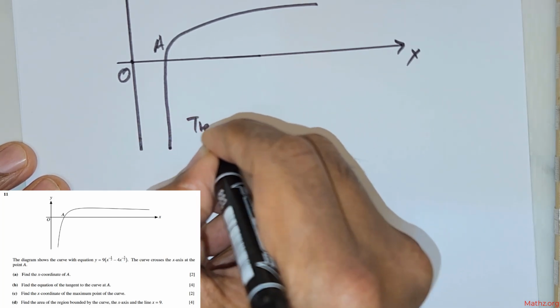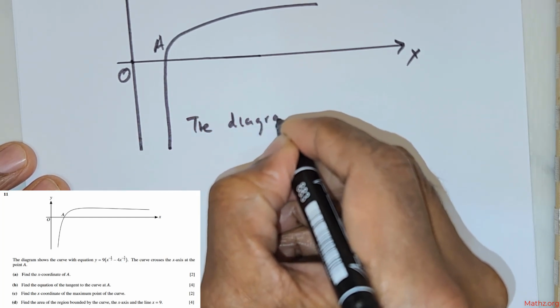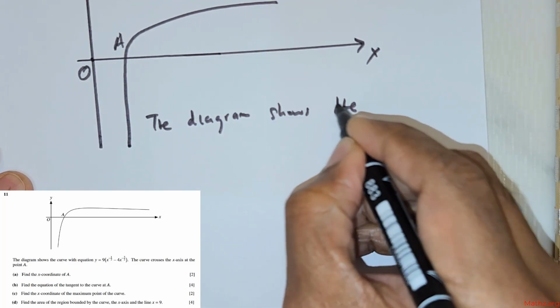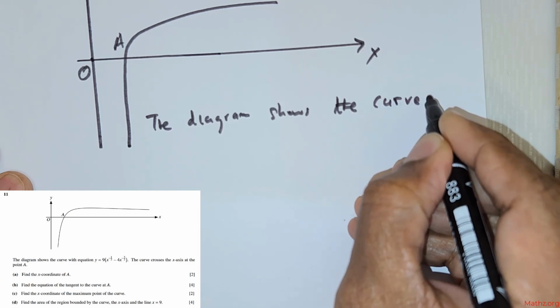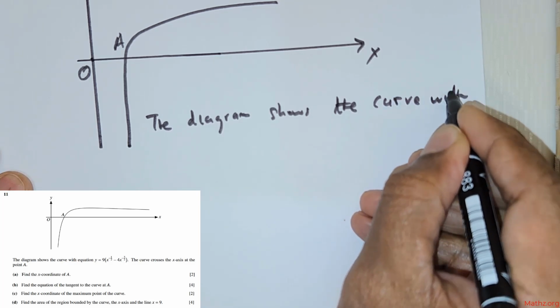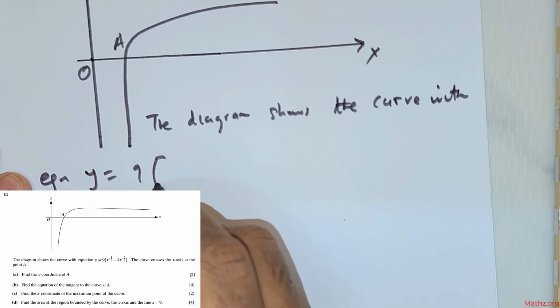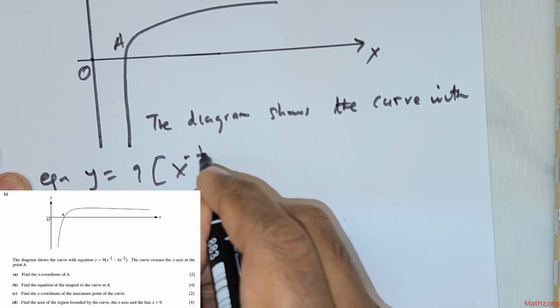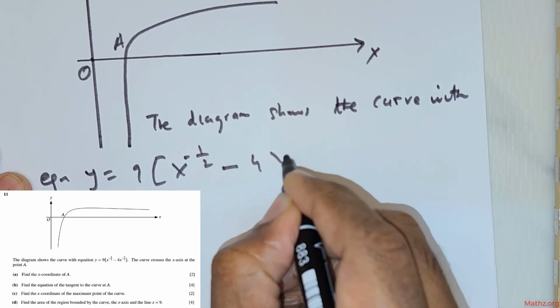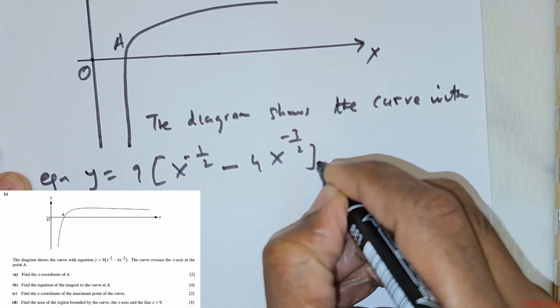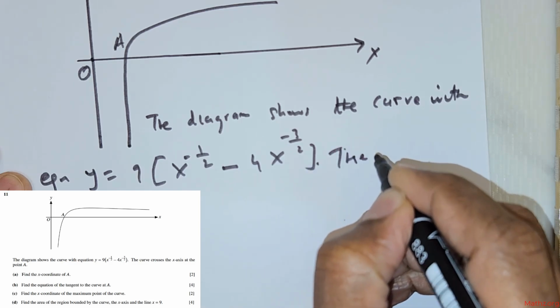The diagram shows the curve with equation y is equal to 9 times x raised to the power of negative 1 over 2, negative 4 times x raised to the power of negative 3 over 2.